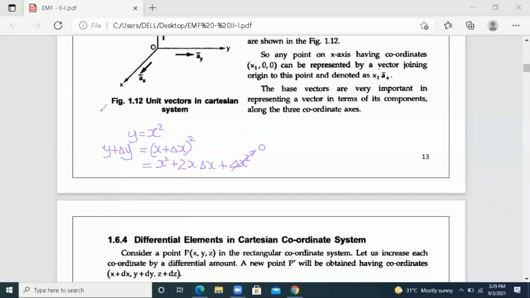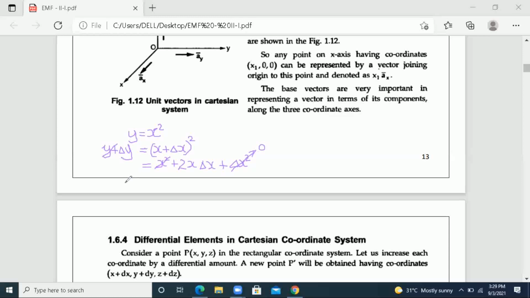But remember the graph says y equals x squared. So this y, we can cancel with this x squared, right? Everybody with me? Yes, sir.